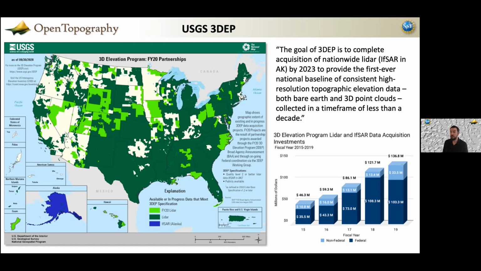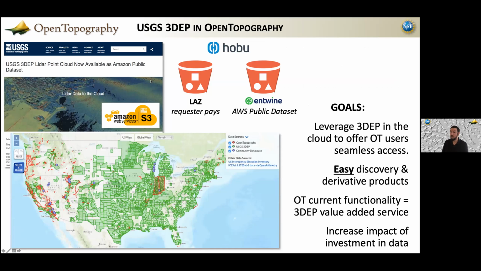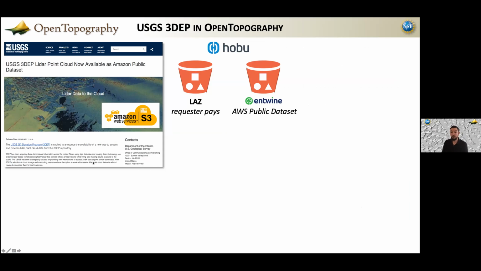So what happened is that in February of 2019, the USGS, in partnership with Howard Butler and some others, and Amazon, worked together to migrate the LiDAR point cloud and some of the other products into the Amazon environment, Amazon Web Services. There are actually two buckets of data in Amazon.